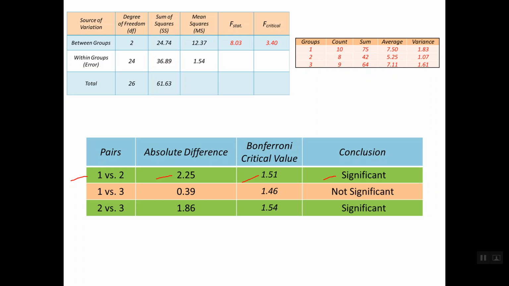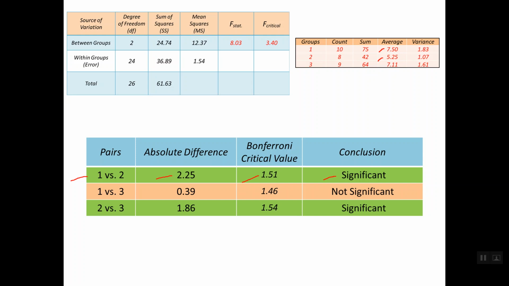And if we return back to the table to the right, regarding the mean for group 1, it is 7.50, and for group 2, it's 5.25. So simply for the first pair, we conclude that x1 bar is greater than x2 bar, which means that the mean for group 1 is greater than the mean for group 2.